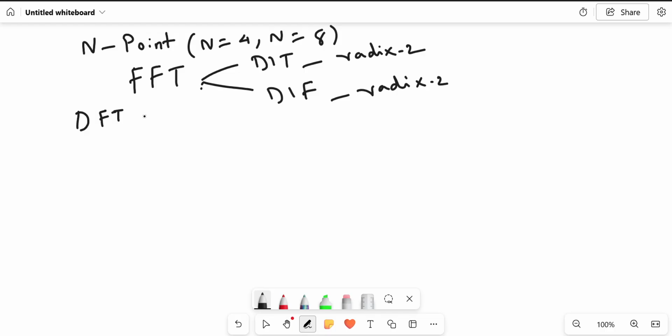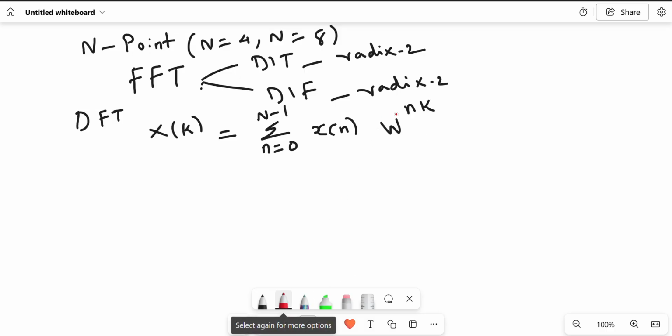Okay, so the DFT equation: X of k is equal to the summation over n equal to 0 to N minus 1 of x of n into W power nk.